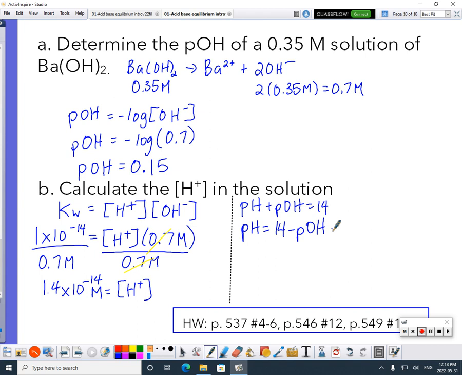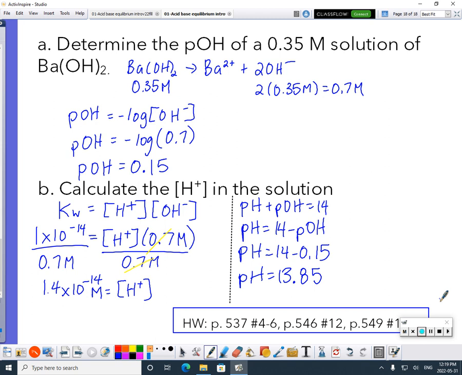So 14 minus pOH, like you're bringing the pOH value over, changing the sign. This way is not bad, even though it's a little bit extra calculations, because then it helps to confirm, oh yeah, 13.85, that's a basic pH.